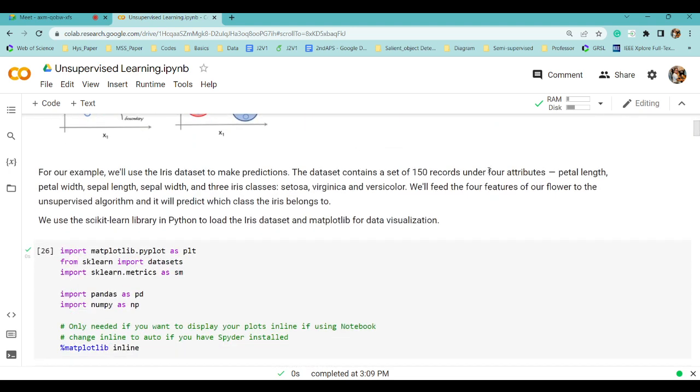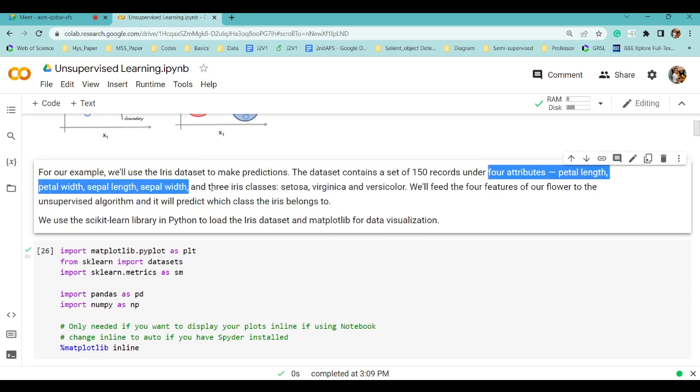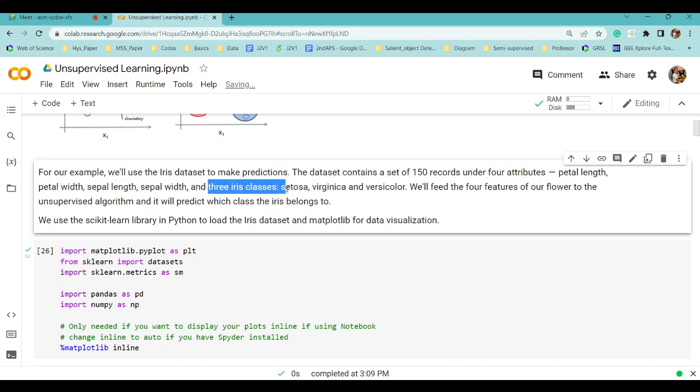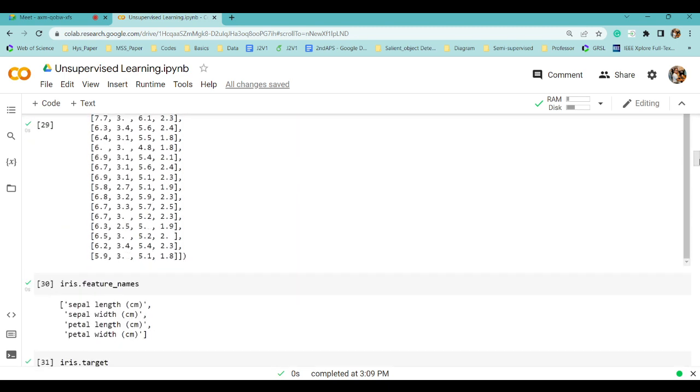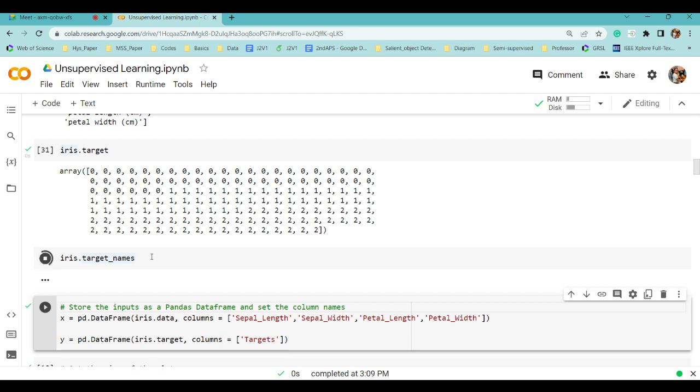So my four attributes were these things which I have discussed, and my target classes are these three iris classes. That is why it is 0, 1, and 2. So 0 means setosa, 1 is virginica, and 2 is versicolor. This is just the data set description which we are playing around with. See, target names have also been given, right?